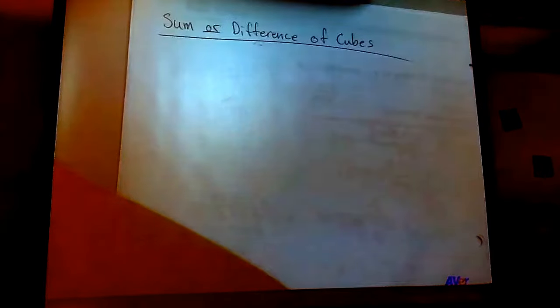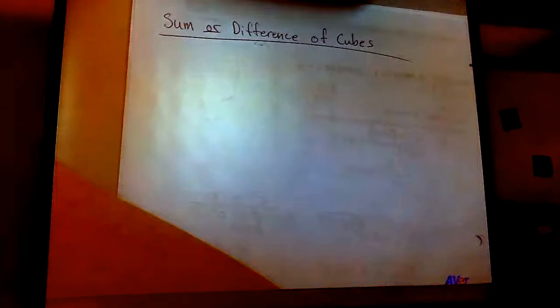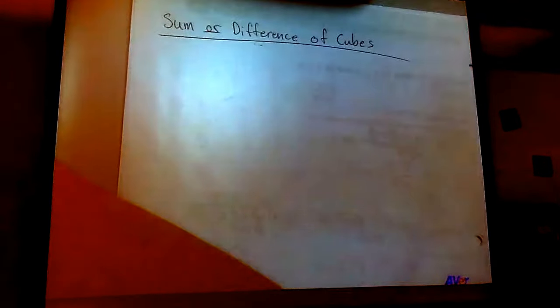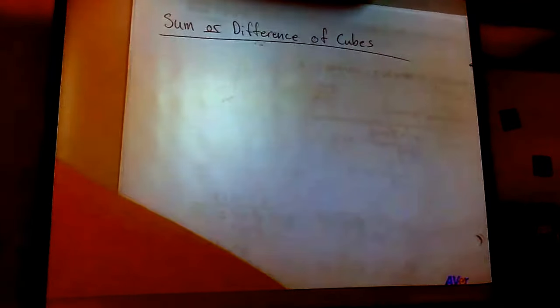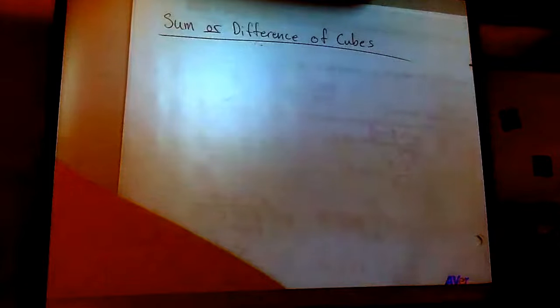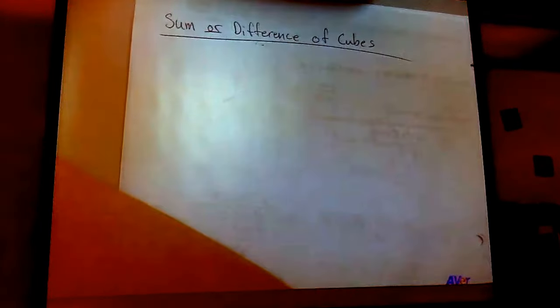There is no sum of squares factoring, but there is sum and difference of cubes. Your book kind of touched on it when we were doing division. There was one problem I did really quick. But basically, you have to memorize something.